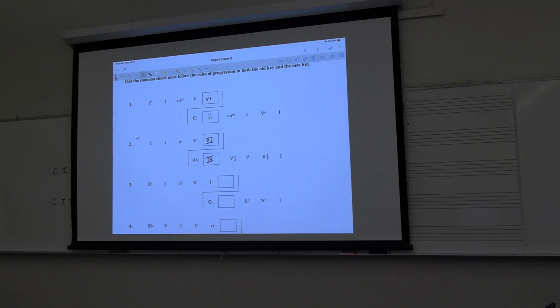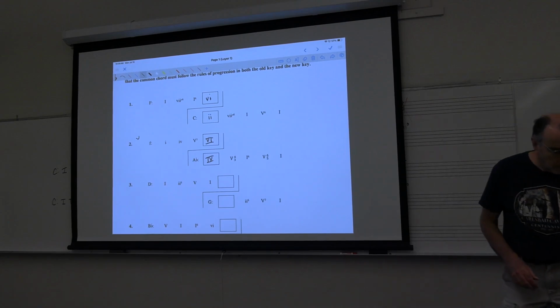And then we deceptively progress to, and then we can use the and 5, 6. Ended up in A flat, and it sounds convincingly like we arrived in A flat. Everybody okay with that? All right, let's try the next one.